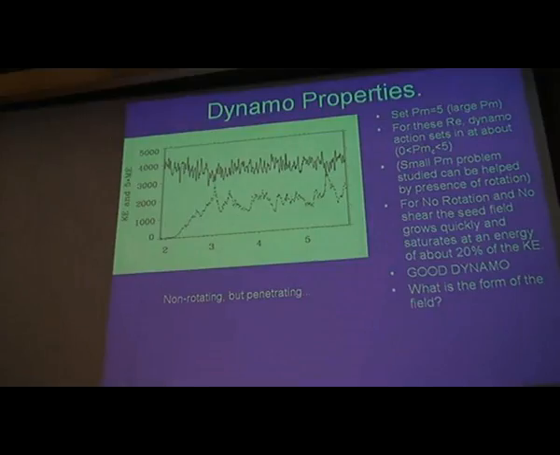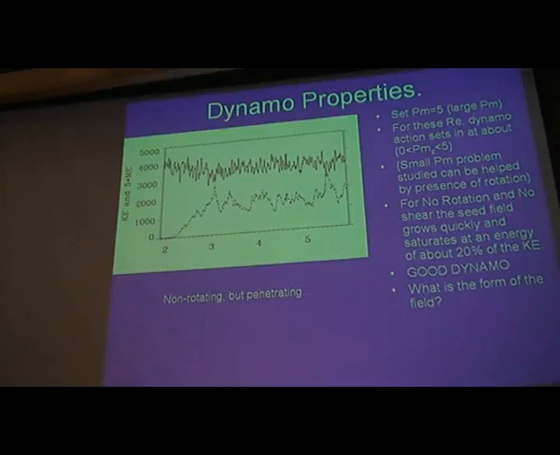So, if one's non-rotating but penetrating, then again you get a nice dynamo. So this is the kinetic energy in 5 times the magnetic energy. We've set the magnetic Prandtl number to be large, which is of course the wrong case for the sun.